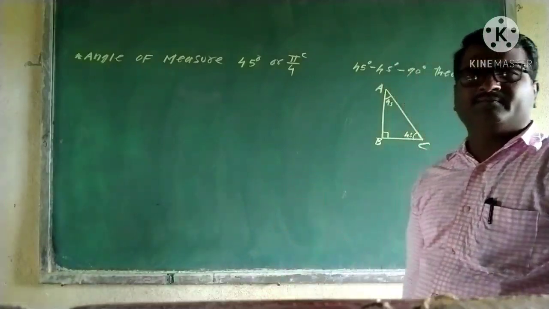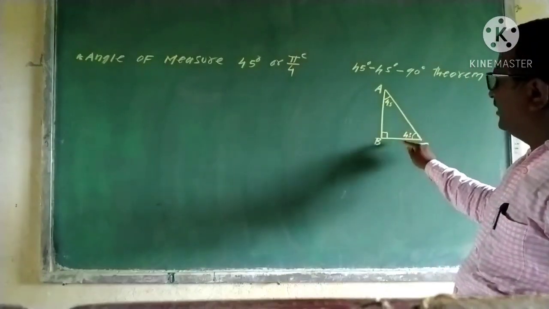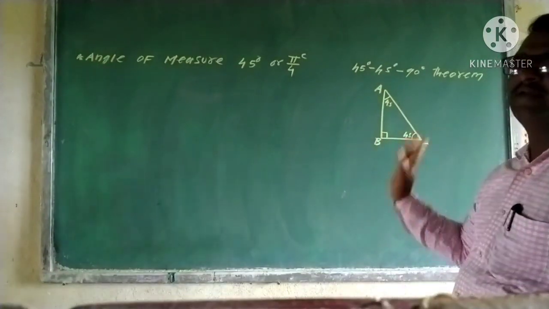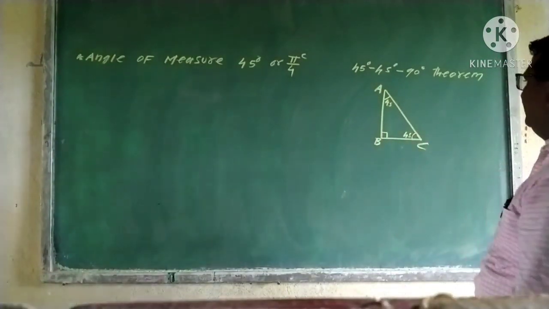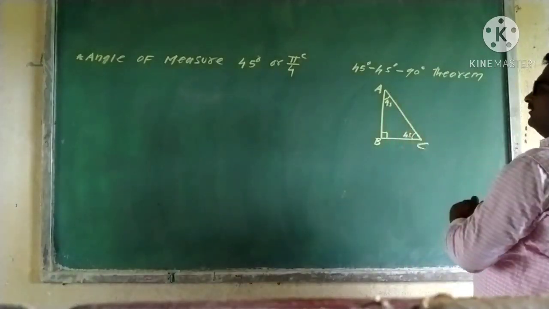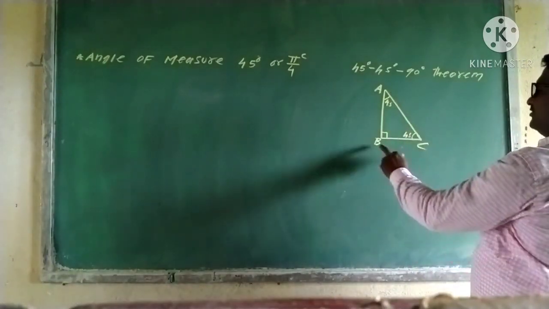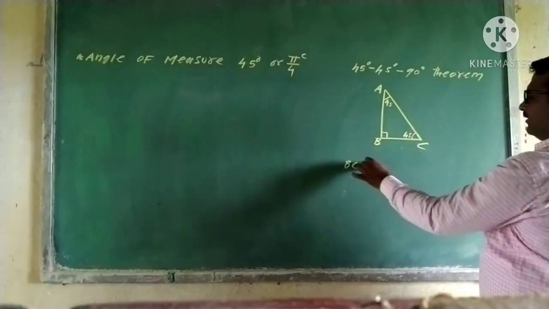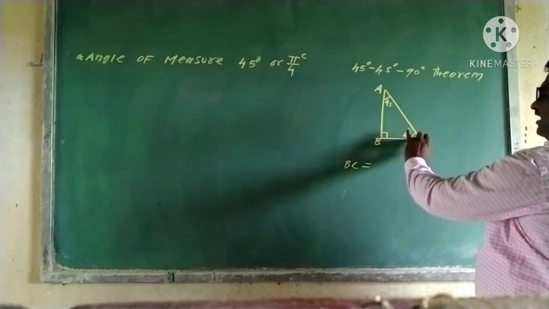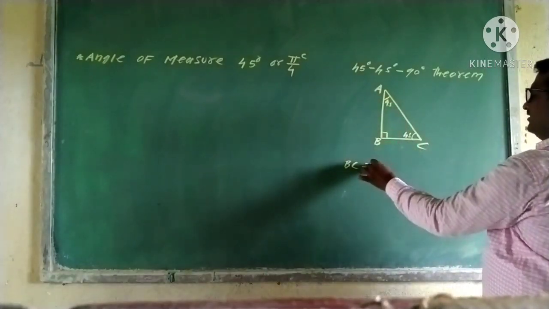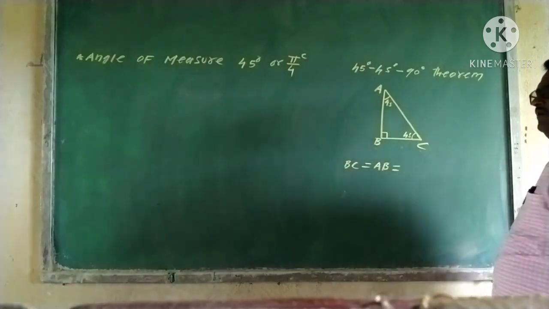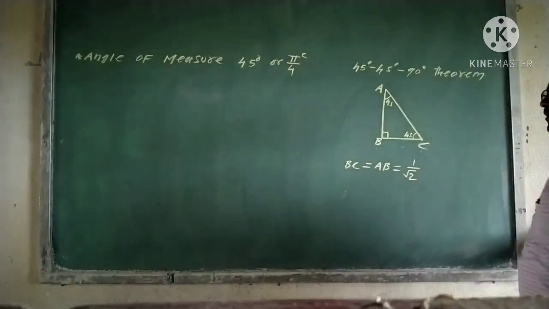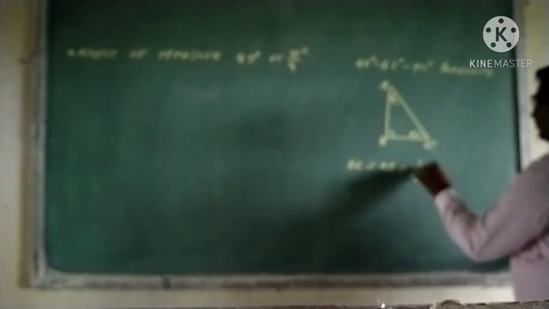What is the theorem? The side opposite the 45 degree angle is 1 upon square root 2 of the hypotenuse. In this figure, the sides opposite to 45 degree are BC and AB, and each is equal to 1 upon square root 2 times the hypotenuse AC.